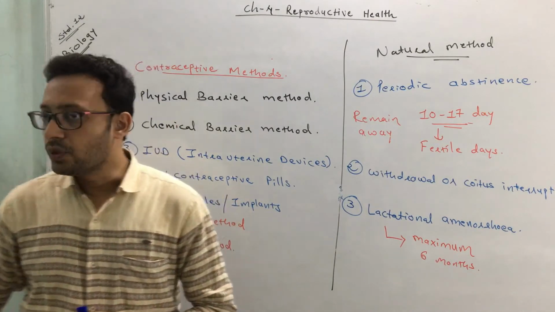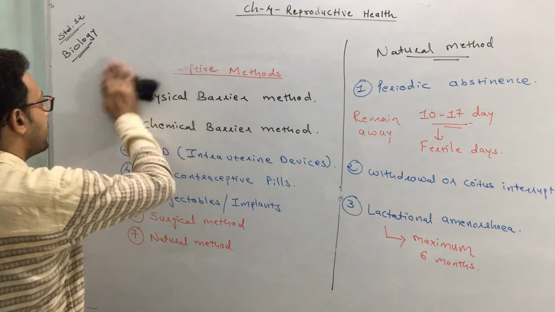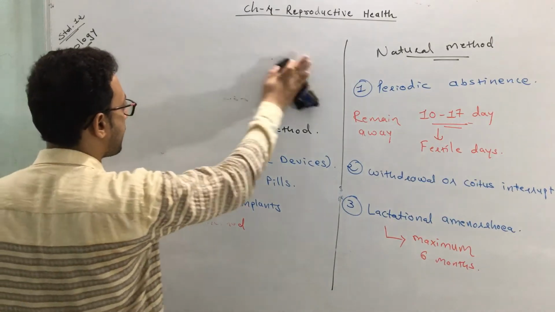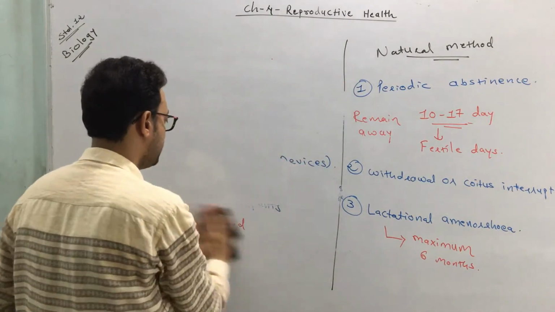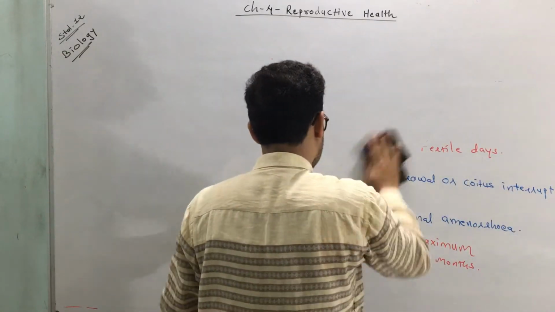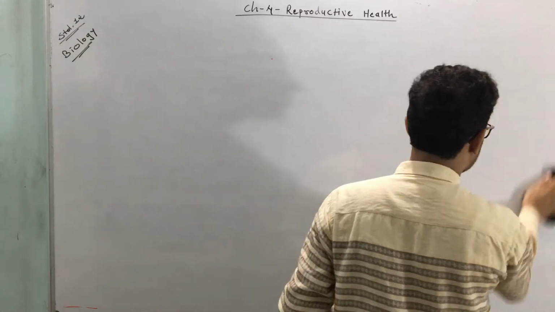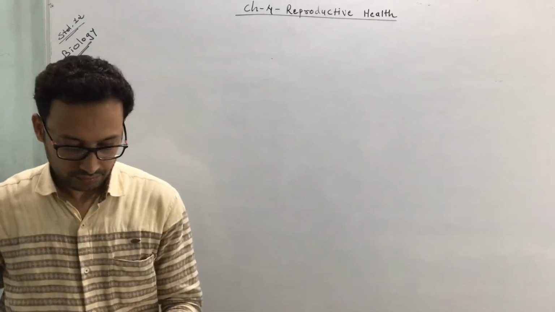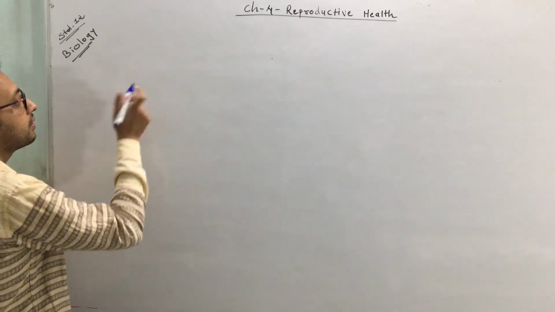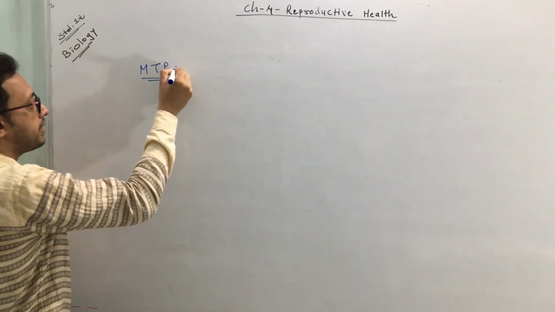Okay, now we move ahead with the next topic, a very brief short topic, and that is MTP. So let's start with another topic in reproductive health, that is MTP.